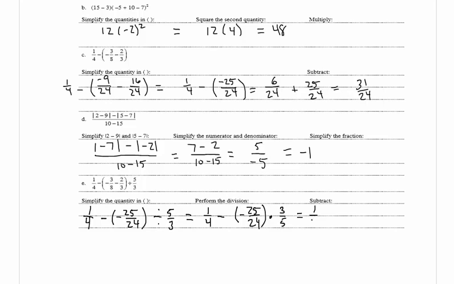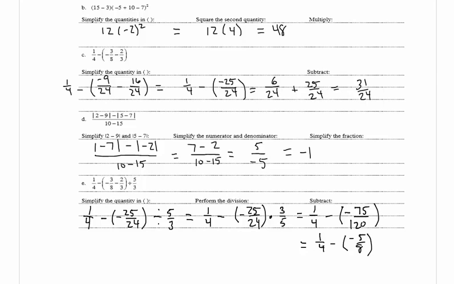So we have 1/4 minus negative. And now we have 25 times 3 is 75 divided by 24 times 5 is 120. And 75 over 120 can be reduced to 5/8, so we have negative 5/8.